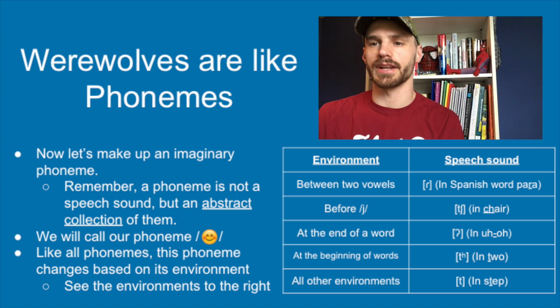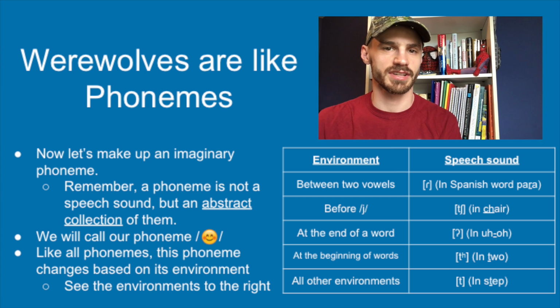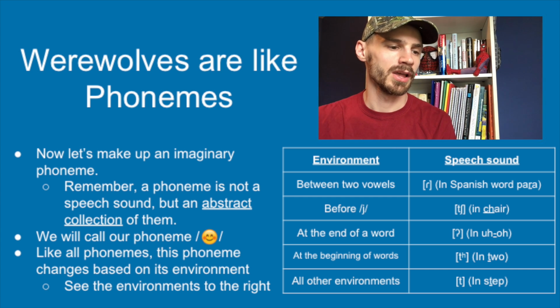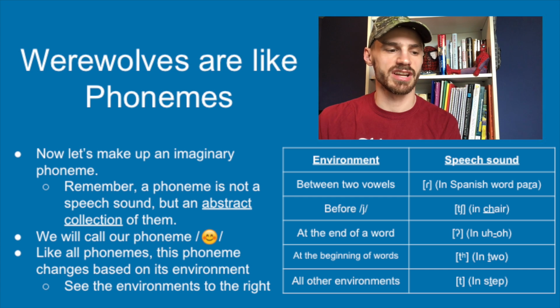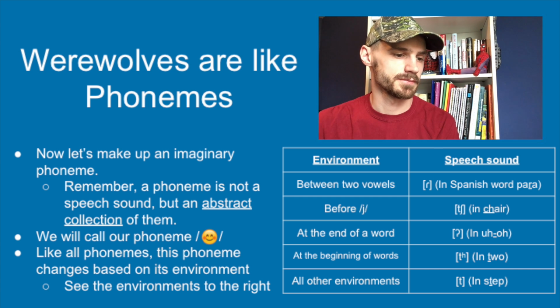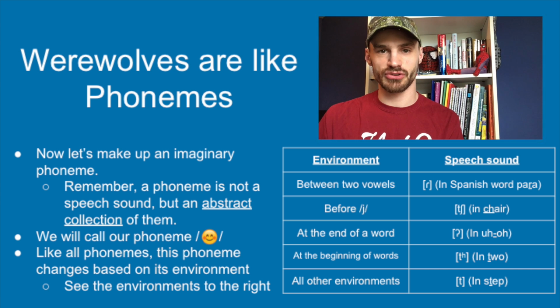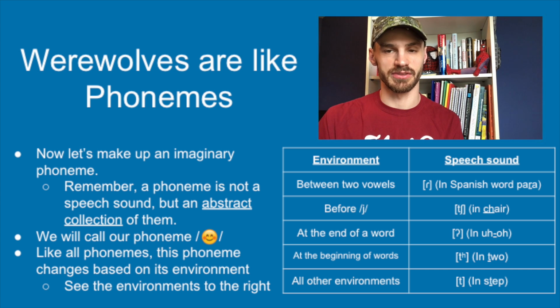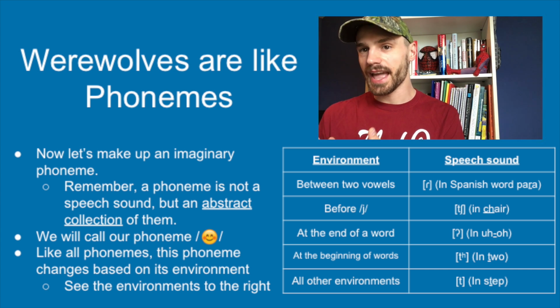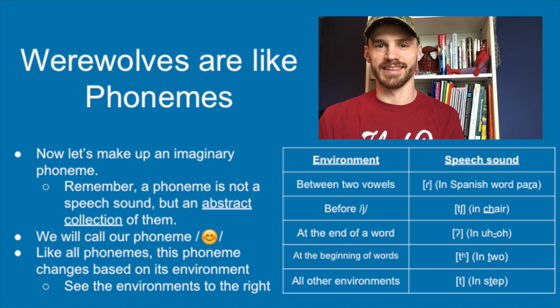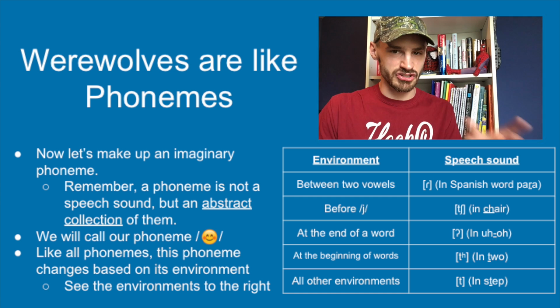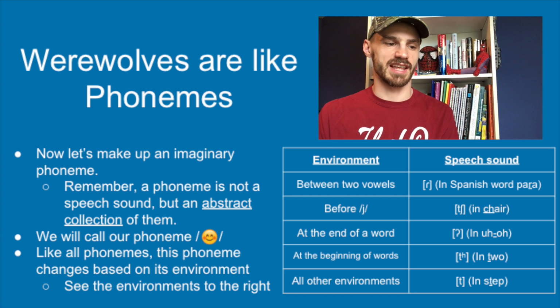So we're going to do an example here. We're going to do a short experiment. We're going to make up an imaginary phoneme. Now remember that a phoneme is an abstract collection of speech sounds, much in the same way that abstract Tony is kind of an abstract collection of the two different physical forms that Tony can take.